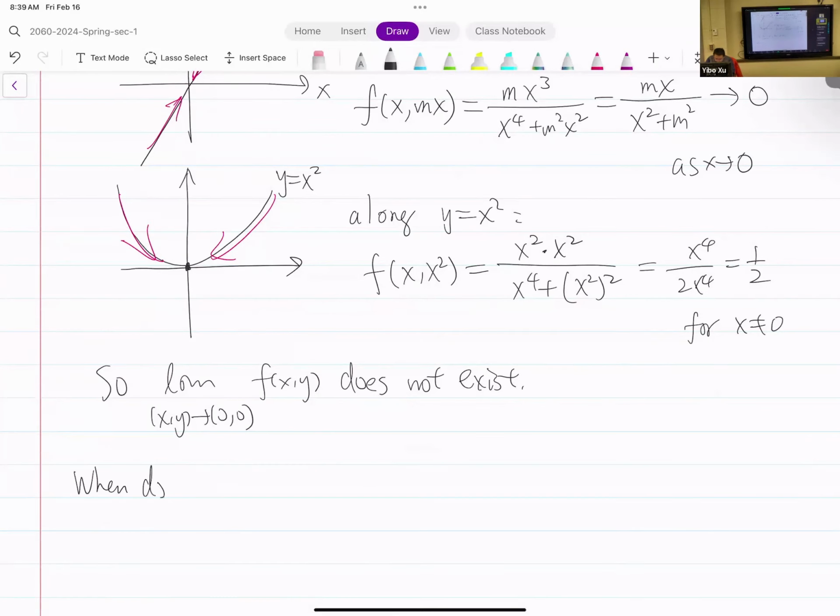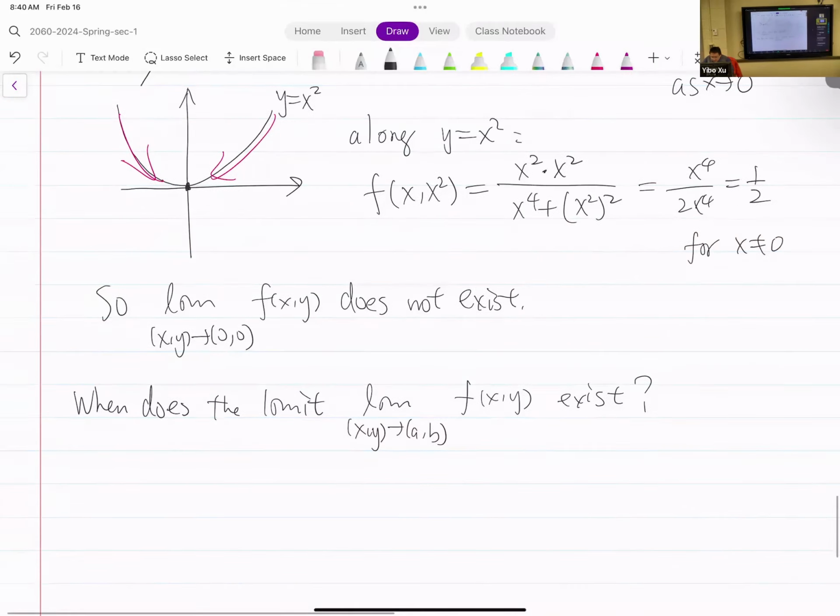When does the limit exist? Okay, so this is now the big question. The challenge here is that we have seen there are different kinds of directions that we can choose, right? So either we check all kinds of directions and always get the same limit, or we do something else, because there are infinitely many directions that you can check.